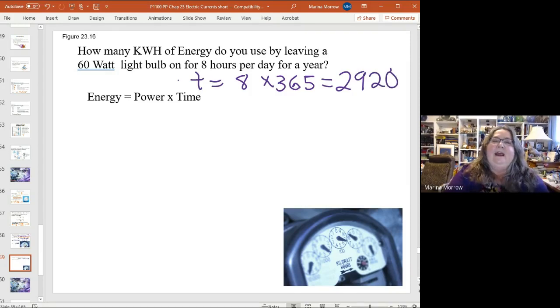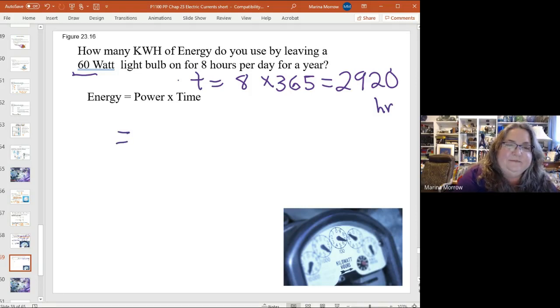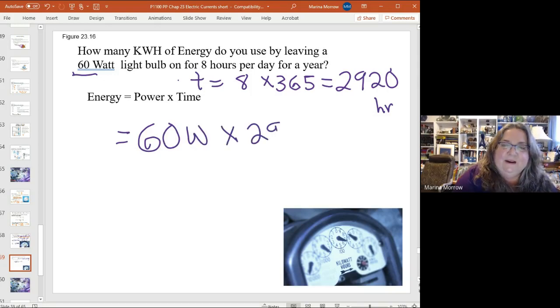Okay, now, in this case, the light bulb is only a 60 watter. So rather than making it into kilowatts, we're just going to leave it as is for now. So we're just going to put in 60 watts times the 2,920 hours.